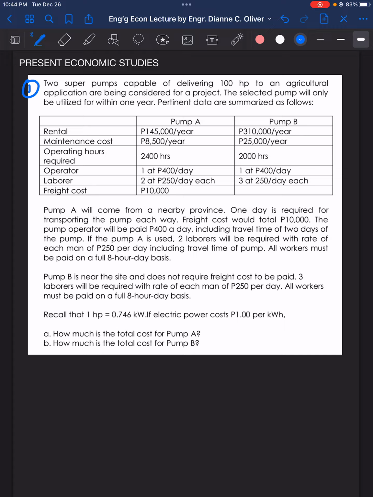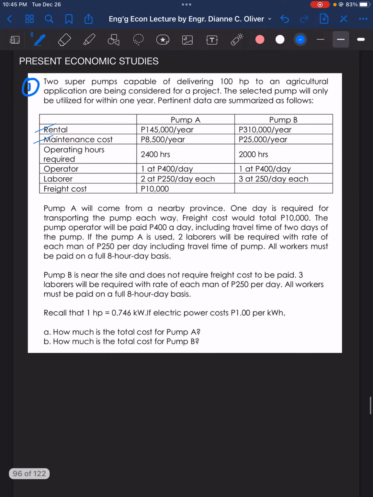So in this problem, we see 2 alternatives, pump A and pump B, and we will solve for the total cost of each pump. So to solve for the cost for pump A, we already have here the rental cost and the maintenance cost as fixed, being 145,000 pesos per year.